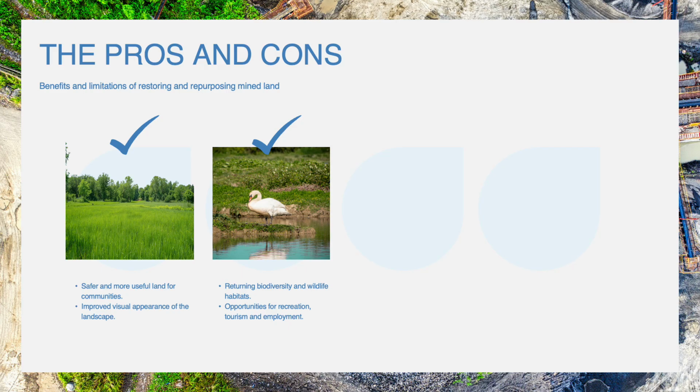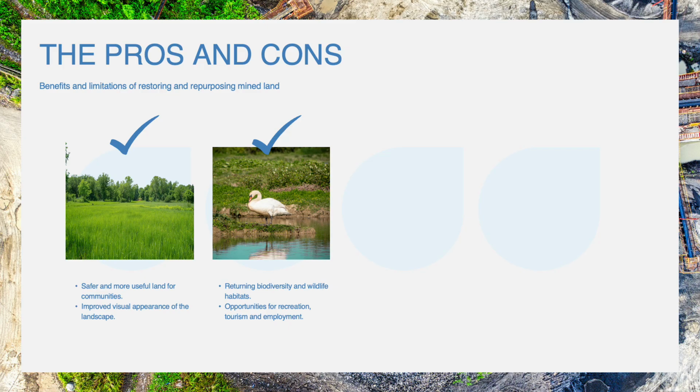Well, we will definitely have safer and more useful land. Again, restoration can make the damaged land safer by filling the holes, by stabilizing the slopes, reducing the risk of collapse and erosion. It will improve the appearance, less scarred by machines, more vegetation.